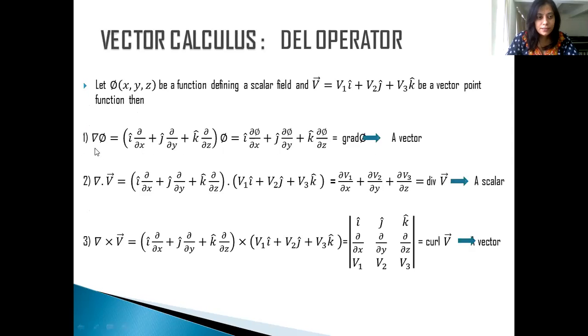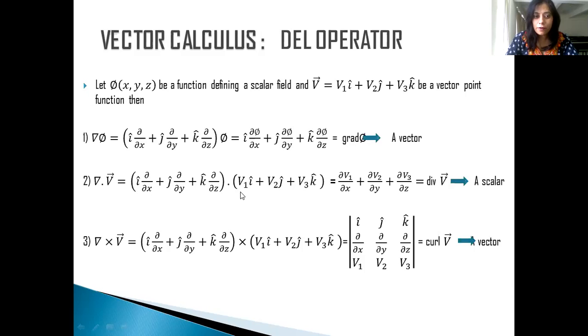In the first case, I have operated nabla on phi. Phi is a scalar, so nabla phi. When you apply it, you get this expression, and clearly this expression is a vector. This expression gives grad phi and it is a vector in nature. In the same way, now I am doing the dot product of nabla with the vector point function v.